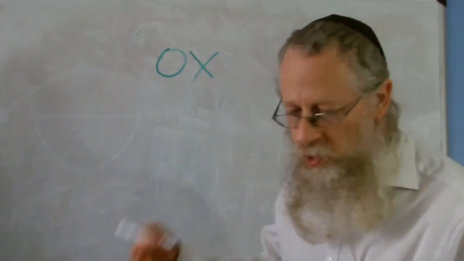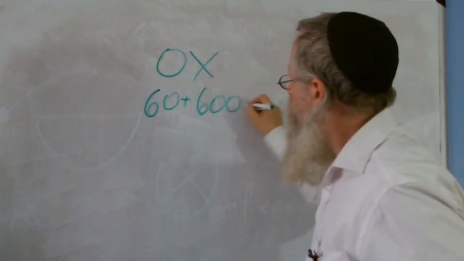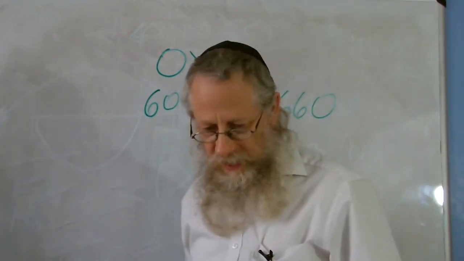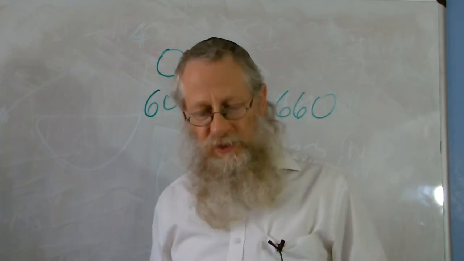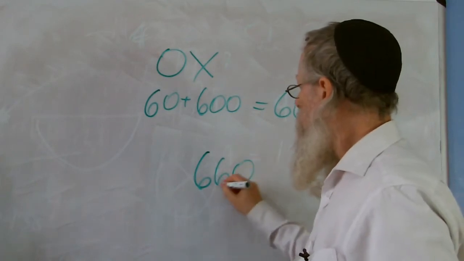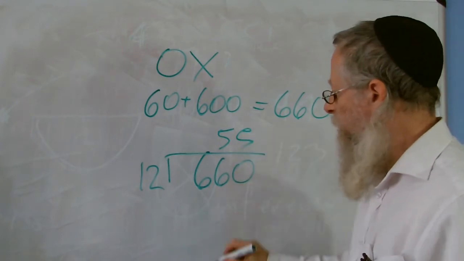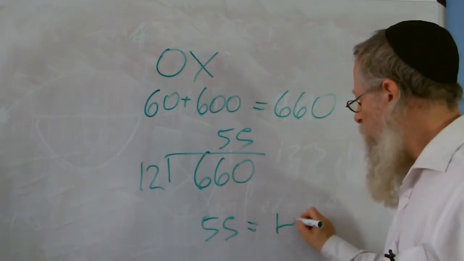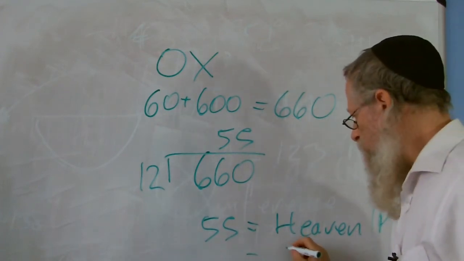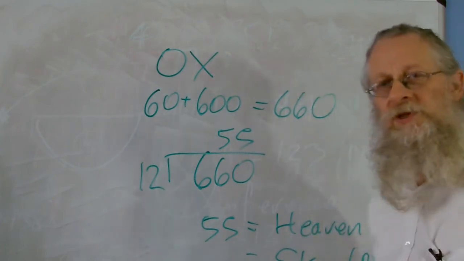If I take the normal value, O is 60 and X is 600, I get 660. Now let's divide that into 12 parts, because the oxen were around in 12. So I've got 660, and I'm going to divide that by 12, and I'll get 55. 55 is the placement value of heaven, and it's also the same placement value as sky, because you look up in the sky, you're looking up into heaven, and that's where all the stars are.